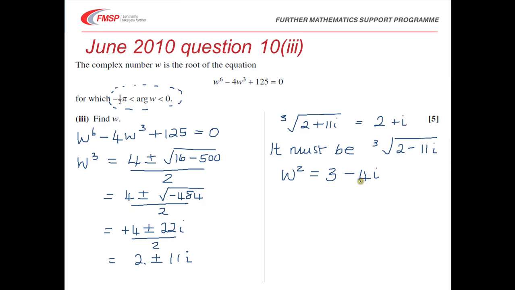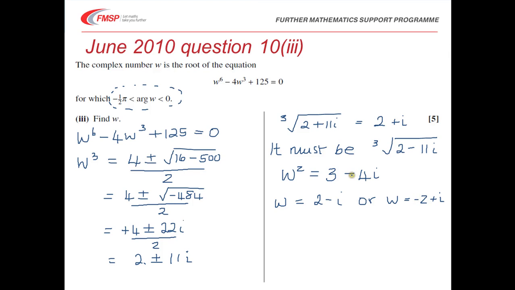And if you go back and do a similar thing to what we did in part 1, then you'll see that the square roots, omega, will be either 2 minus i or omega will be minus 2 plus i. So that's just working through part 1 again, but this time we have a minus sign here.